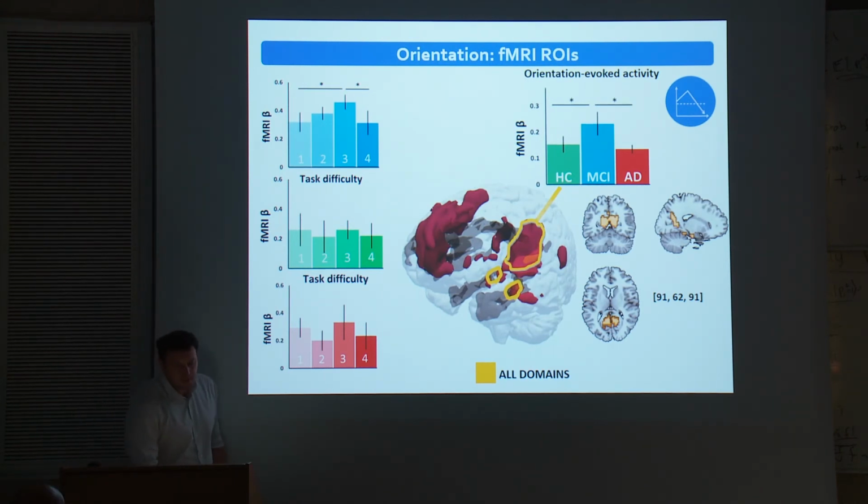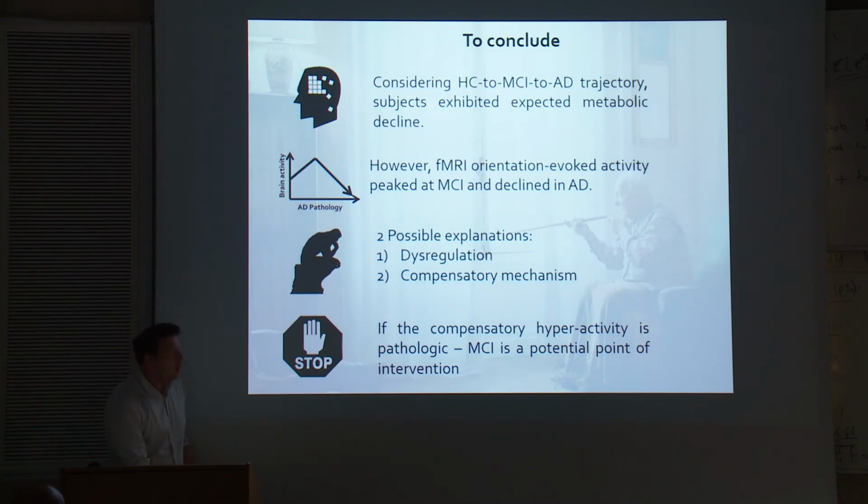So just to wrap up, considering the healthy control to MCI to Alzheimer's disease trajectory, we've seen subjects exhibit the expected metabolic decline. However, considering fMRI orientation-evoked activity, we see an upregulation for MCI and then a decline for Alzheimer's disease.